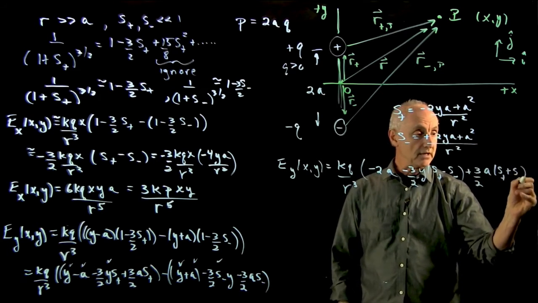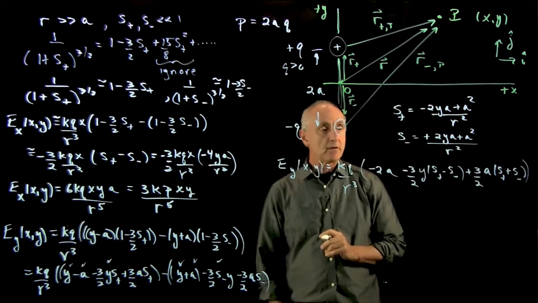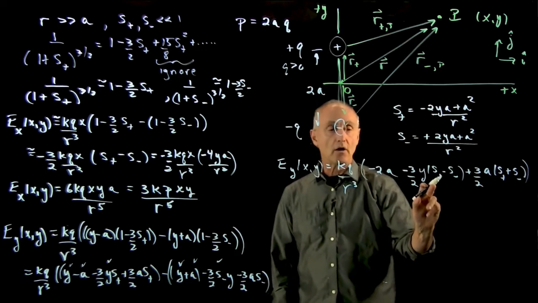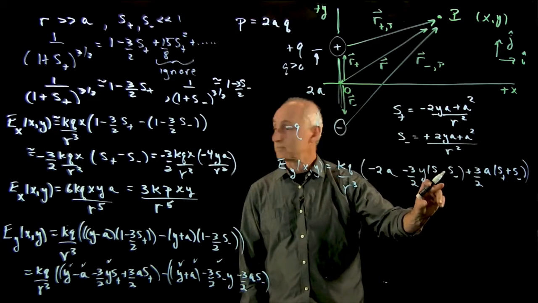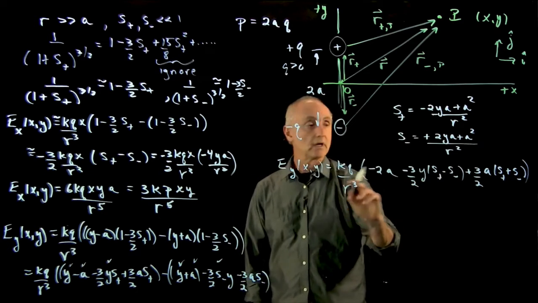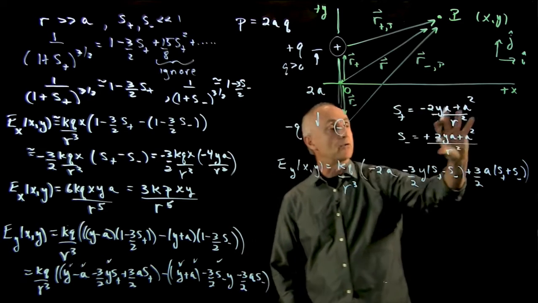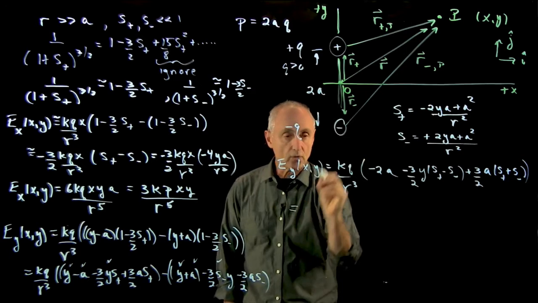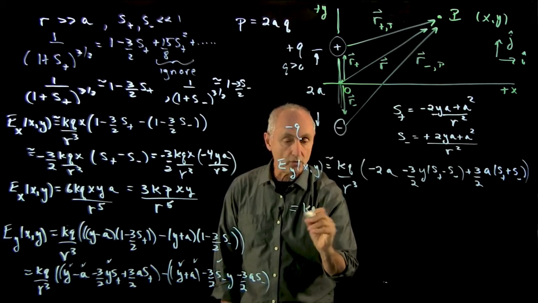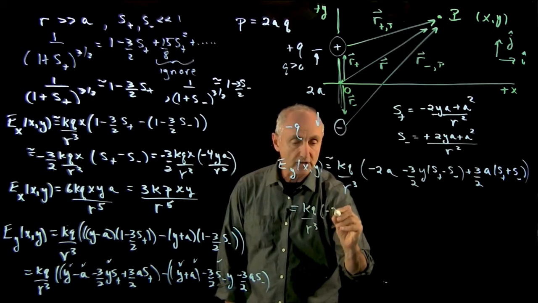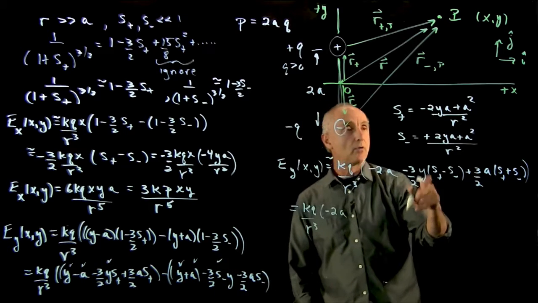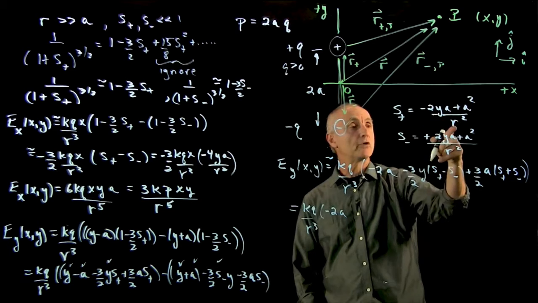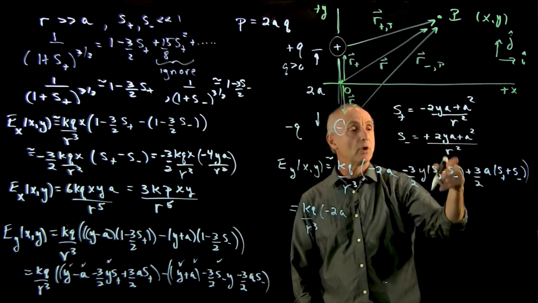plus s minus. Now, that was a little complicated. We've already seen that our s plus and s minus terms, we have to now subtract these and add them. And so we get kq over r cubed times minus 2a. Now, when we subtracted those, there's a minus 2y over r squared minus minus 2y over r squared.